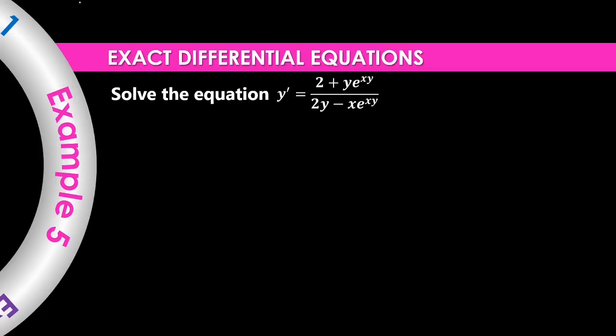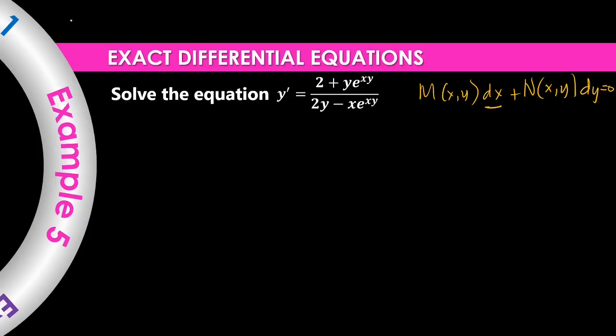'Di ba dapat ang format niyan is M of xy dx plus N of xy dy equals 0. 'Di ba dapat ganyan yung form? So, unahin natin yung may multiplier na dx. So, di ba ito dy over dx yan? So, yung dx sa baba at saka ito, i-multiply ko lang.